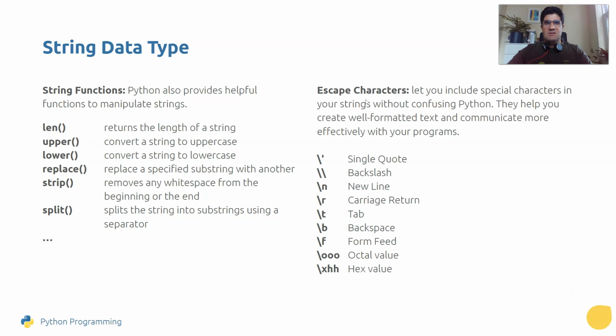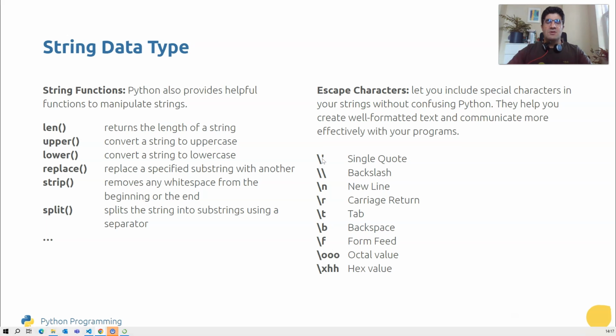Another concept that we need to know is escape characters. Those are special characters that can help us write a string without confusing Python, so Python can understand what we mean.